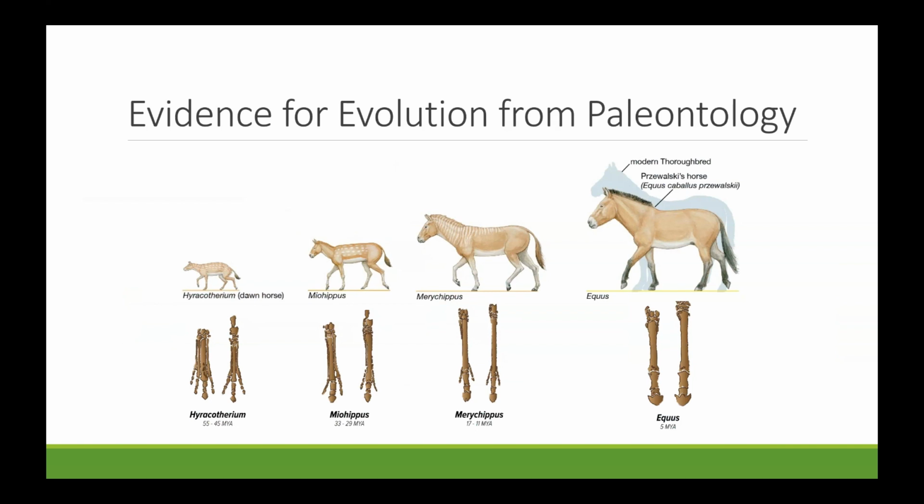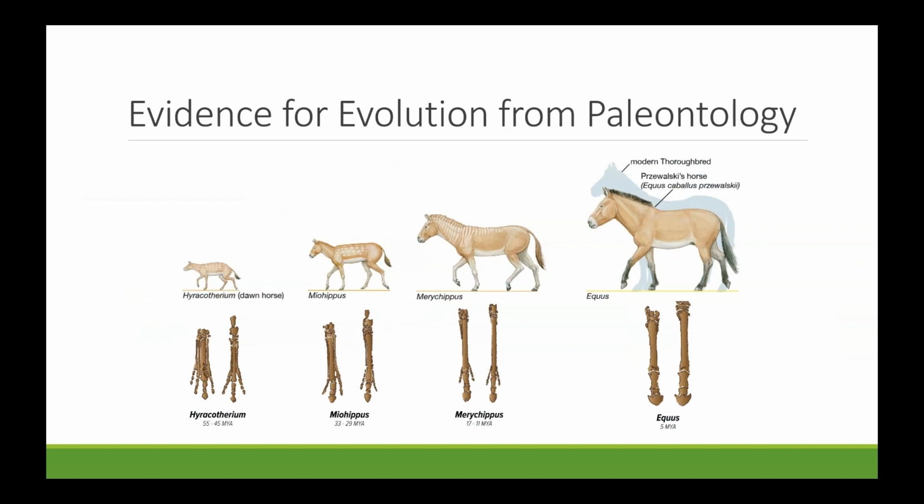So, although modern horses, which are seen on the far right-hand side of this illustration, have a single hoof, their ancestors possessed multiple separate toes. The fossil record clearly shows a gradual reduction in the number of toes among these ancestral equine species until eventually all of the toes fuse up into a single hoof.